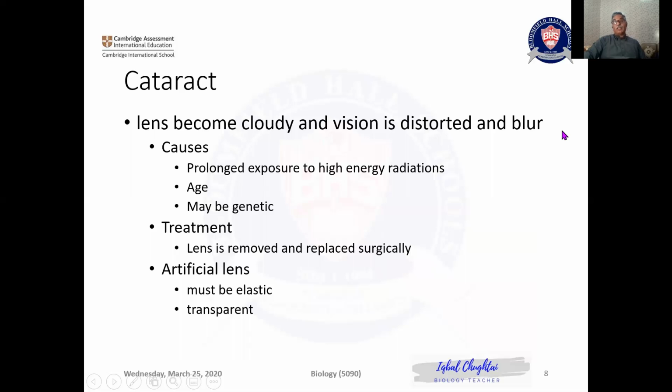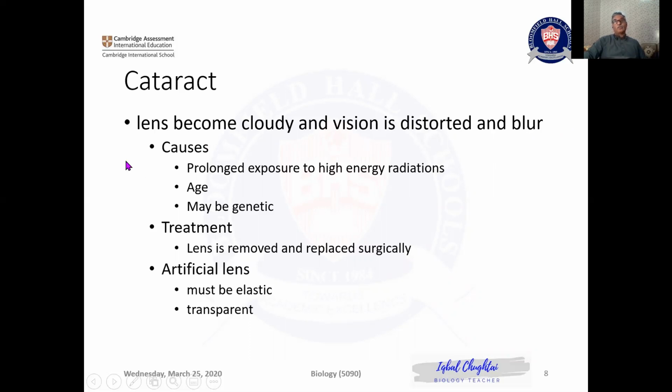Because when the lens turns cloudy, a cloudy cover appears over the lens, and that cover makes the lens a bit translucent. Meaning some of the light rays pass through the lens and some of the light rays are reflected back. So in that case, the person is not able to see the object clearly. The vision is distorted and blurred.